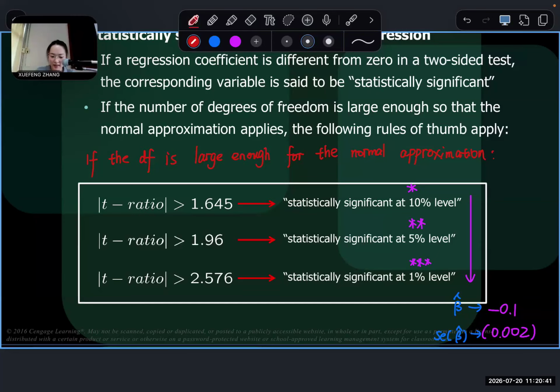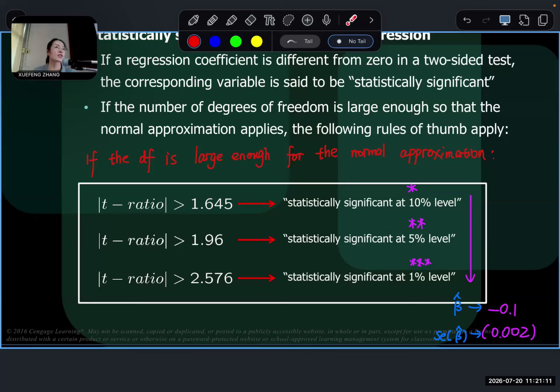And can you calculate the t ratio here? Use your calculator to calculate. Negative 0.1 divided by 0.002. Let me see. Oh, minus 50.